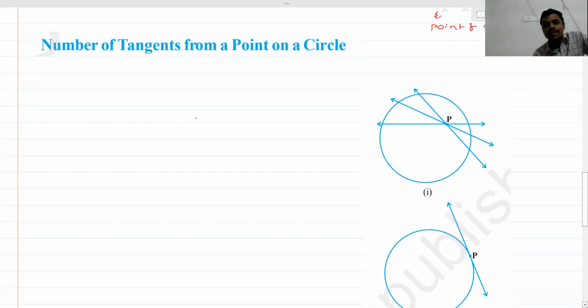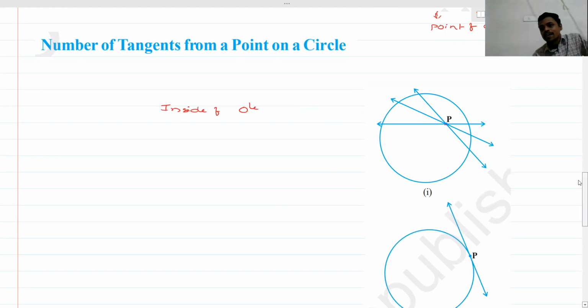Suppose lines are intersecting, and the point of intersection is in the interior, inside of the circle. Inside the circle means there is no tangent. There is no tangent formed here, because the point of contact would be inside the circle.